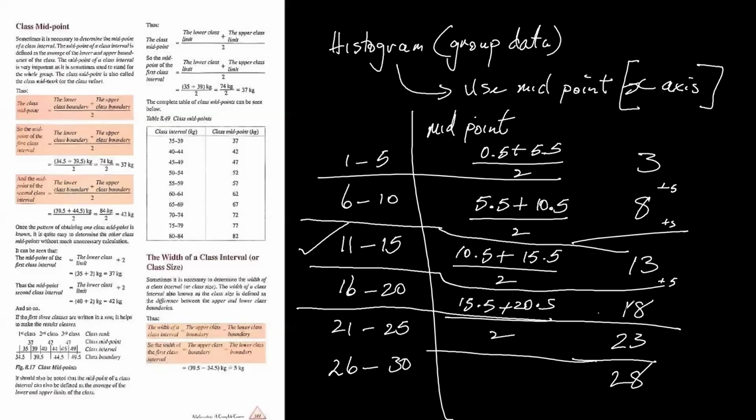You're finding the average of each interval to work with. Because you can't work with all 5 or 6 numbers, so you find an average. Everybody okay with that?